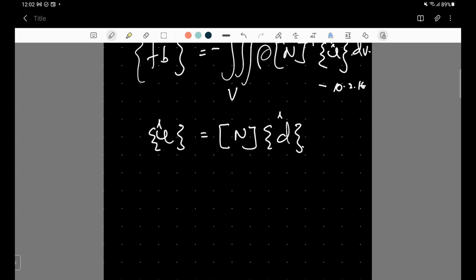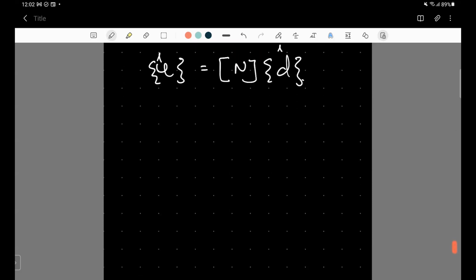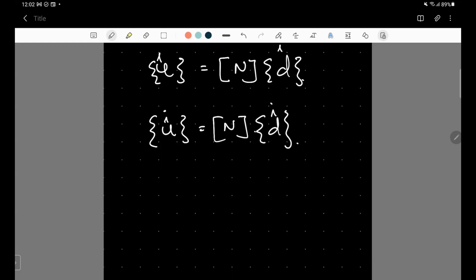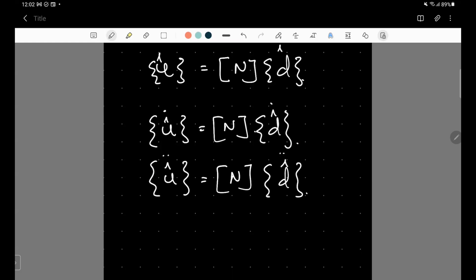And the first and the second derivatives with respect to time of this function are u hat dot equals N times d hat dot, where N is a shape function which is time independent, and the second derivative is also N times d hat double dot.